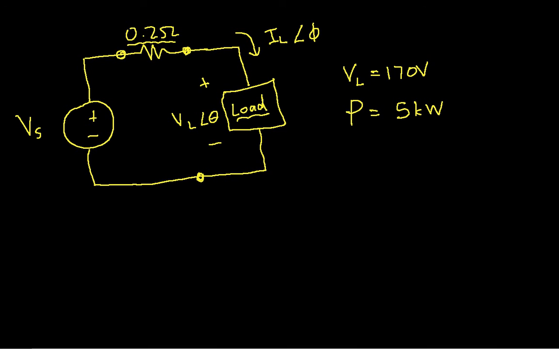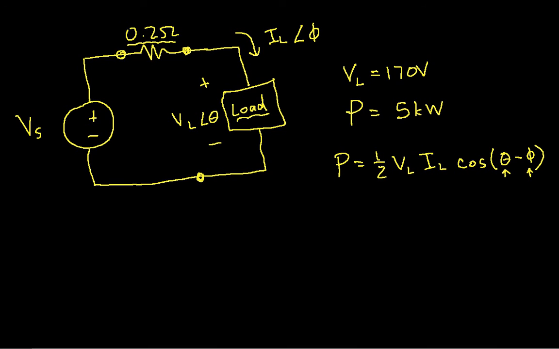And we'll use the definition of the average power, which is that it's 1/2 times the peak voltage times the peak current times the cosine of theta minus phi, where theta is the phase angle of the voltage and phi is the phase angle of the current.